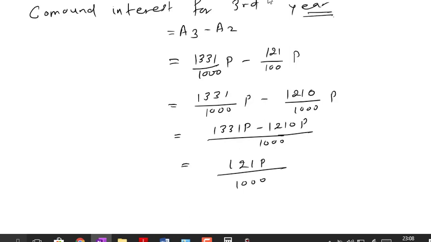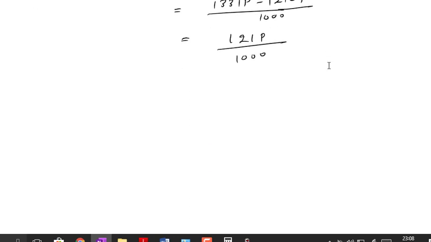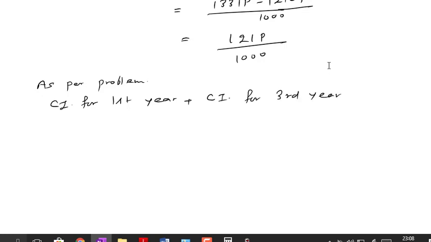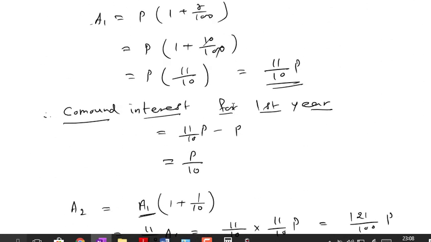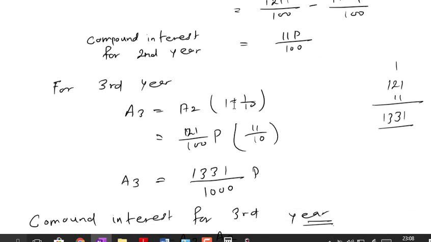As per the problem, what is given? You have been given that compound interest for first year plus compound interest for third year is equal to 1768.